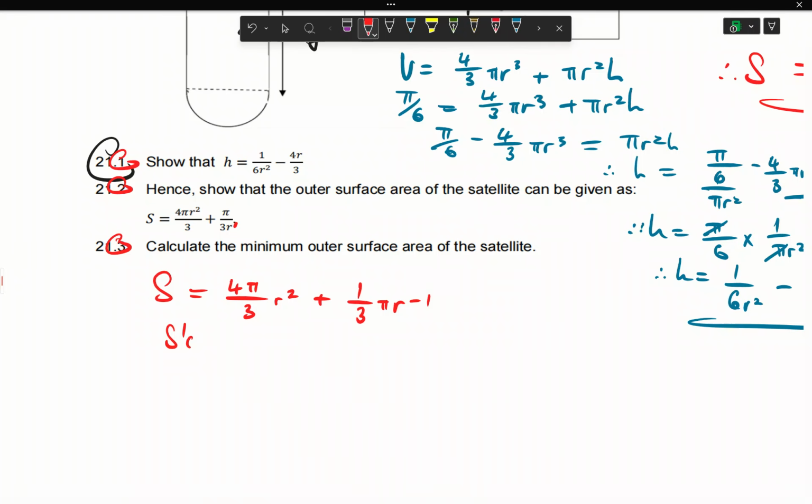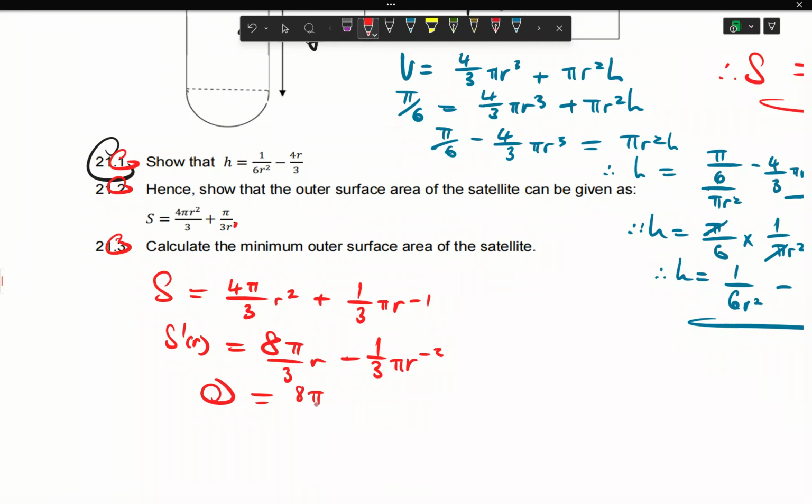So take the first derivative of this. I can say this is now a function of r there. So this is 2 times 4, which is going to give you 8 pi all over 3 into r. I'm using the power rule. So now this is going to give you negative 1 all over 3 pi r to the power of minus 2. Now let's take this back. Remember, you have to equate this to 0.